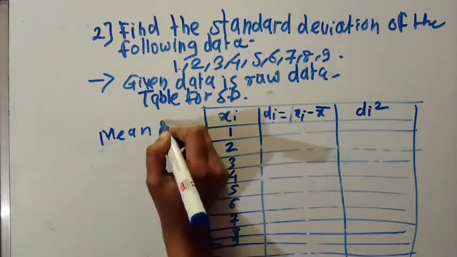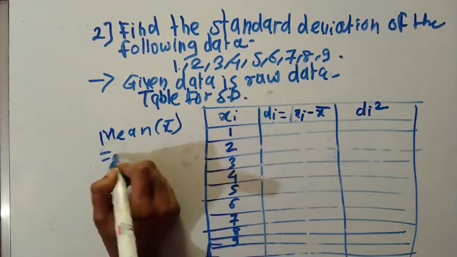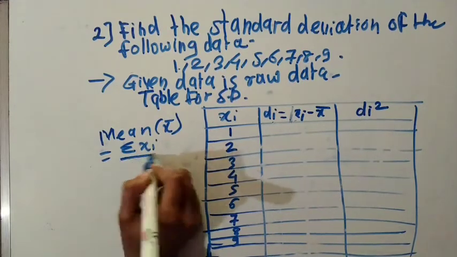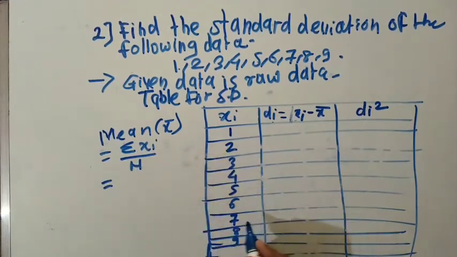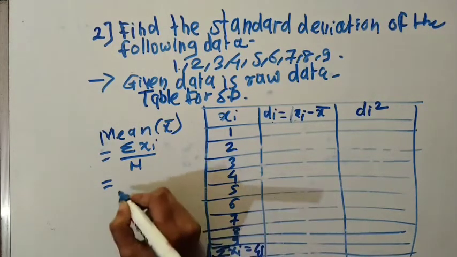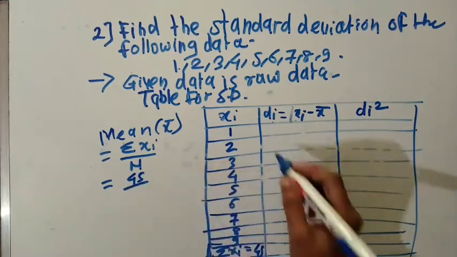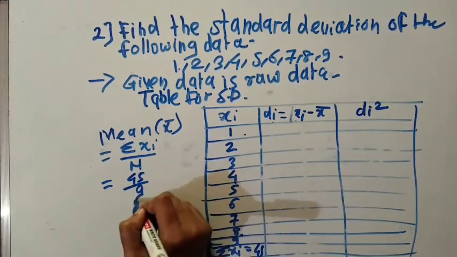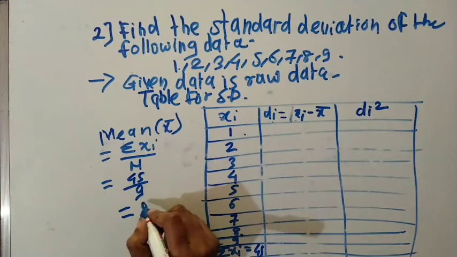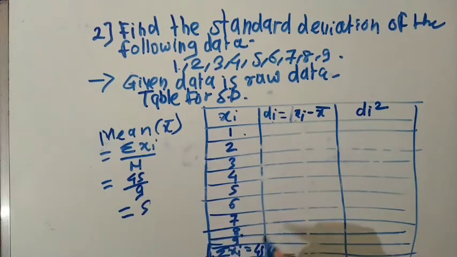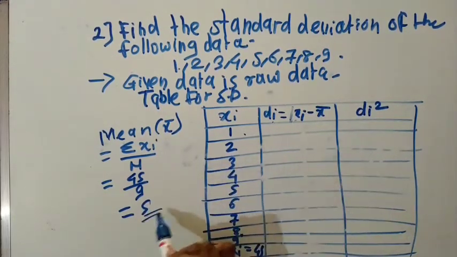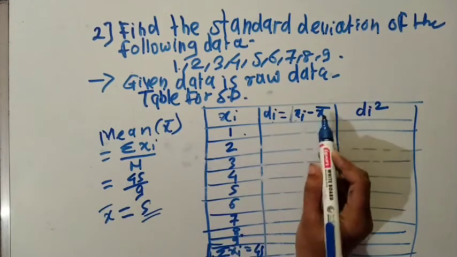Mean x bar is equal to summation of xi upon n. The summation of xi is equal to 45, so 45 upon 9, n is 9, so it is 5.